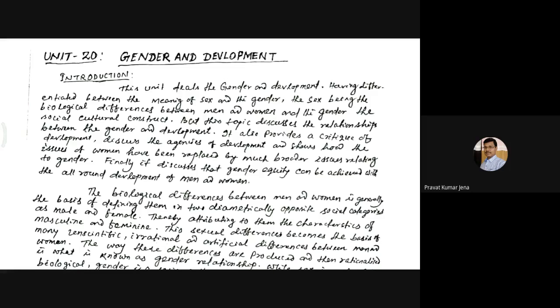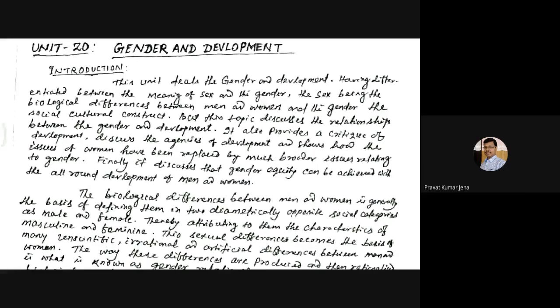So gender and development is particularly a feminist approach. Since long in India and throughout the world, women were neglected. They were under patriarchy, and how they will get liberated and develop their position equal with men.